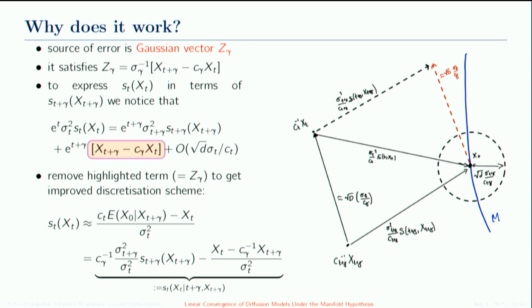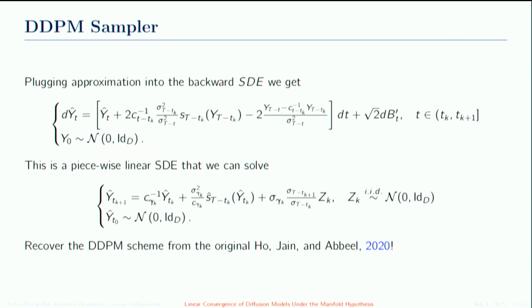Okay? And we know that that scales like capital D. However, we can modify the score approximation that we use in the backwards SDE to remove that term. Essentially, we want to remove this normal direction, this red arrow, and then that completely removes the capital D contribution.